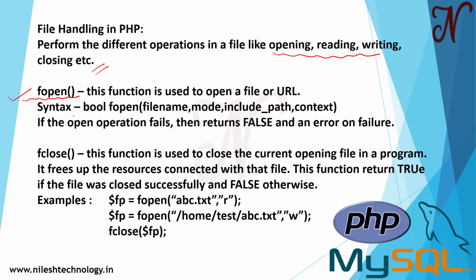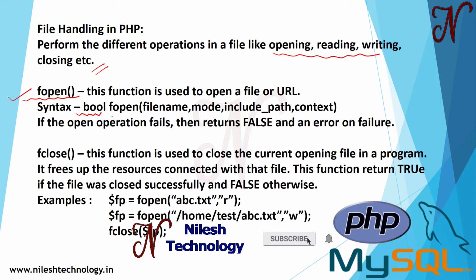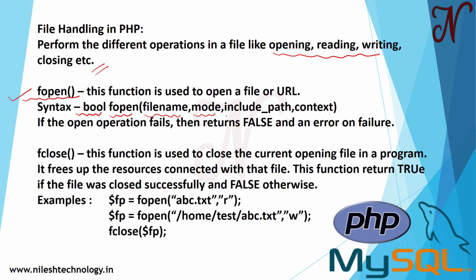So see, this is the syntax in PHP. Return type is boolean. fopen: pass here the file name, then mode, and this is the include path and the context. Both the include path and the context parameters are optional.